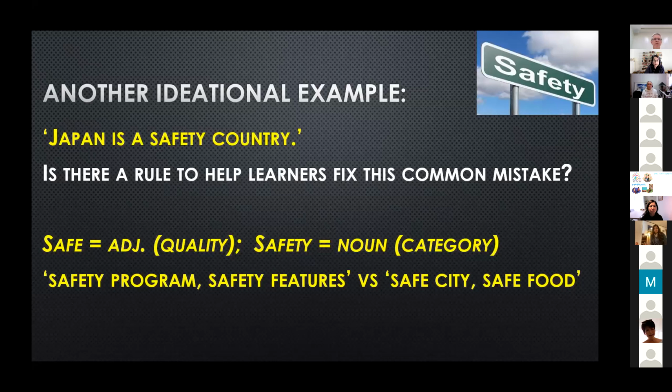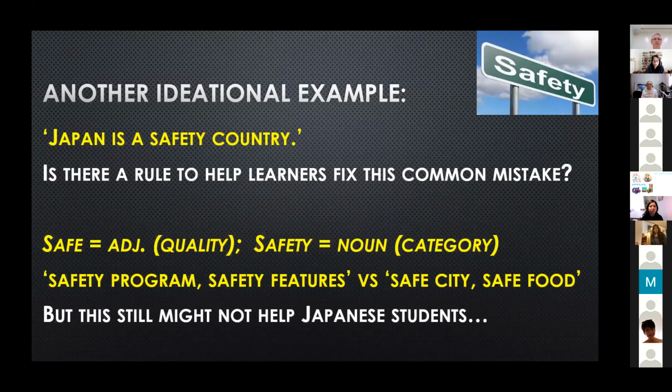Adjective, noun, there's a difference. This might still not help Japanese students. Do you know why, despite the grammar? Because in Japanese, the difference between an adjective and a noun is not really clear at all. They are mixed a lot. So just telling students that adjective works this way, noun works this way, doesn't quite work.